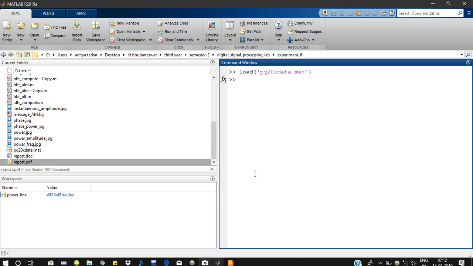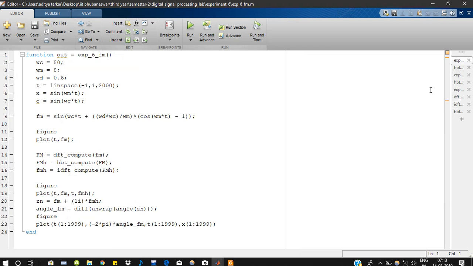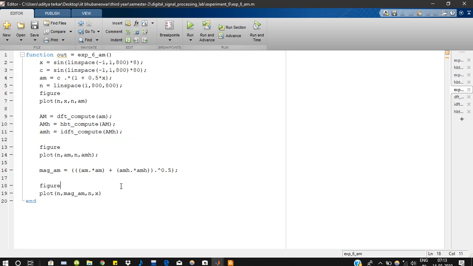To perform this, I have created a MATLAB function named experiment 6am, which is basically our experiment number.